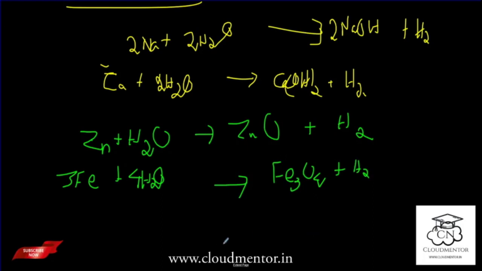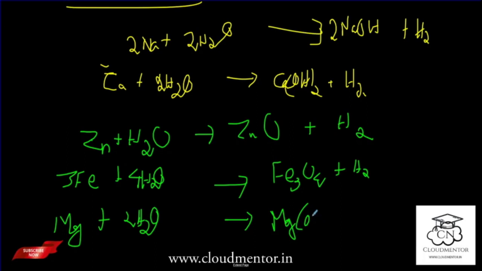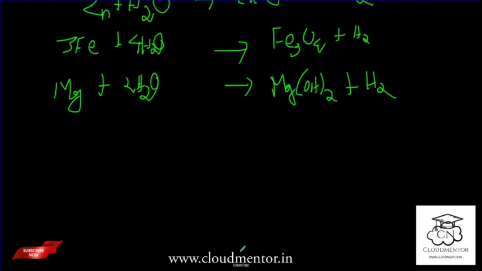And magnesium also reacts to give magnesium hydroxide and hydrogen. Lead and copper decompose water only at white heat. So this is so much temperature, and gold, silver, mercury and platinum metals do not decompose water.